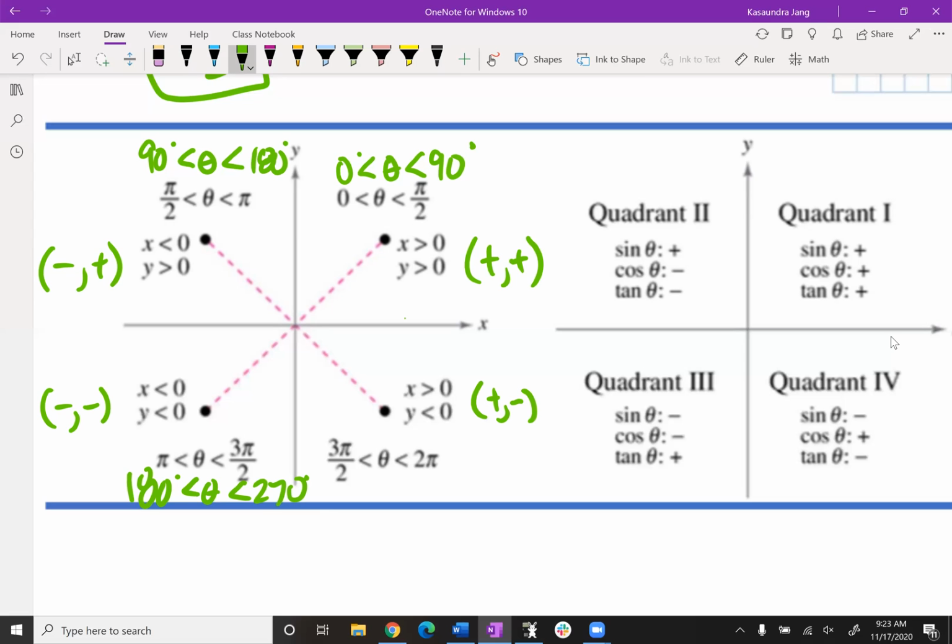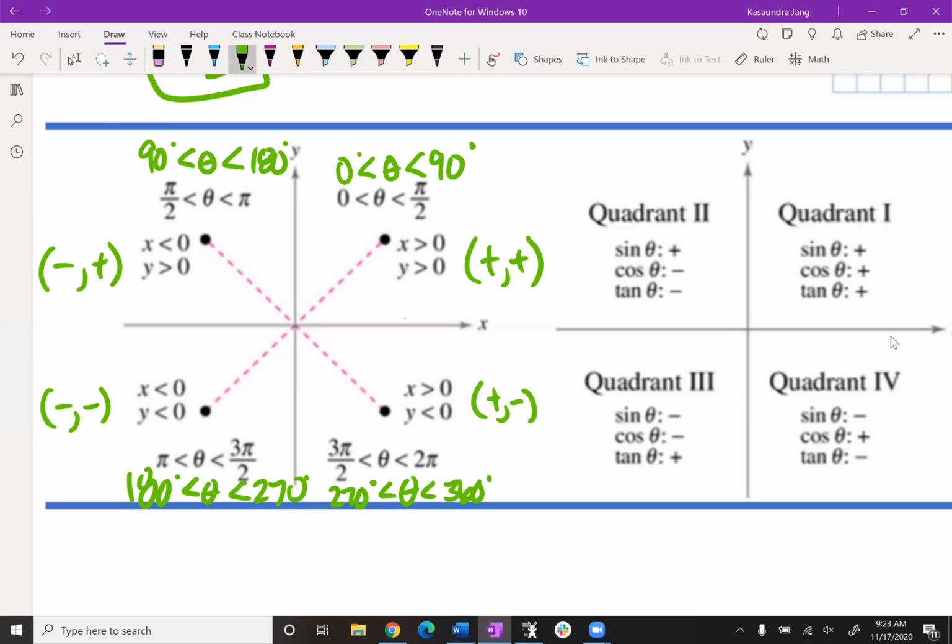So that's why the x's are greater than 0 and the y's are less than 0. And then that's going between 3 pi halves, or 270 degrees, same thing, and 2 pi, which is a full circle in radians. 360 degrees is a full circle in degrees. Okay.